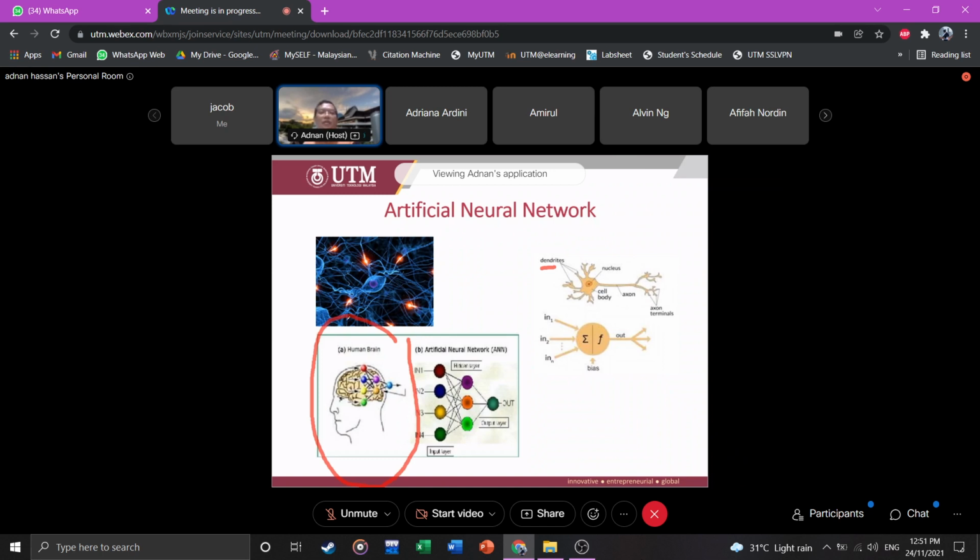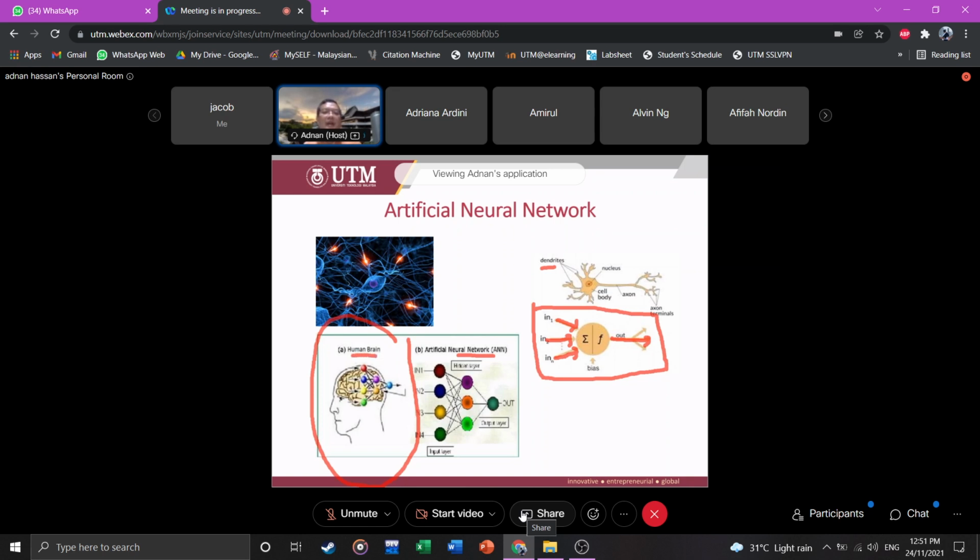People in biology have studied how humans think. They take our biological neuron and convert it into a mathematical representation. Something is coming in, converted into a mathematical summation of the signal, and something is firing out. This is what we call an artificial neural network, where they copy the technology of how the human brain works.